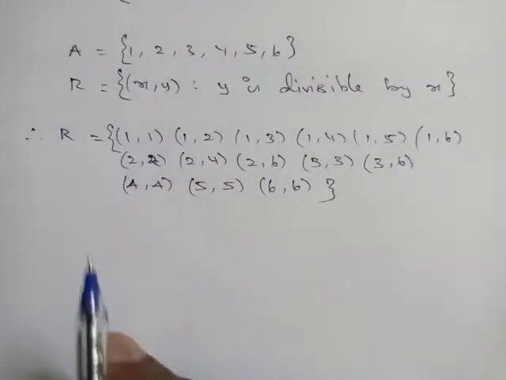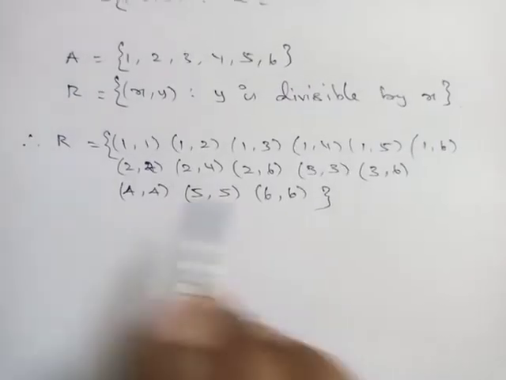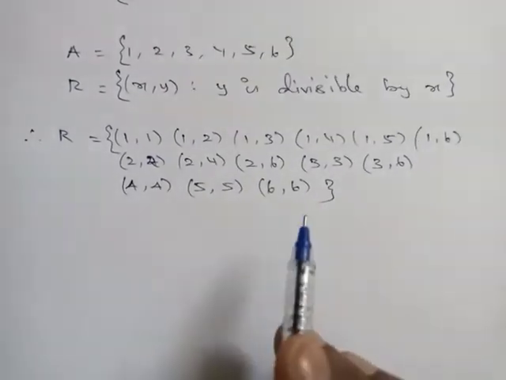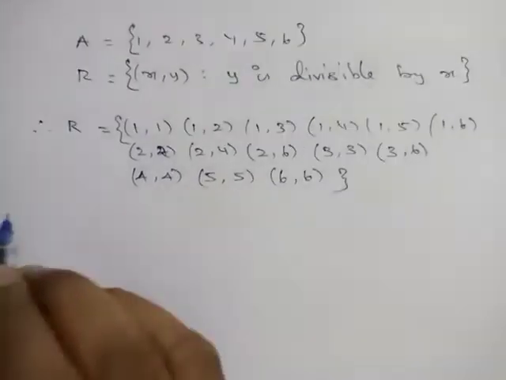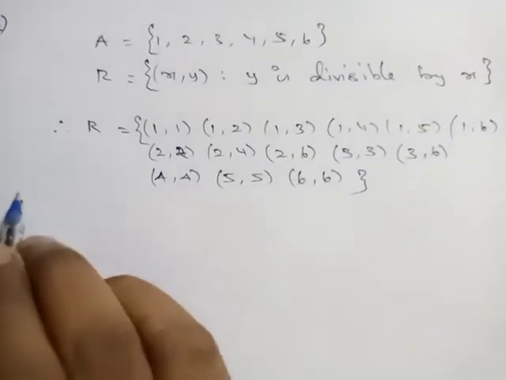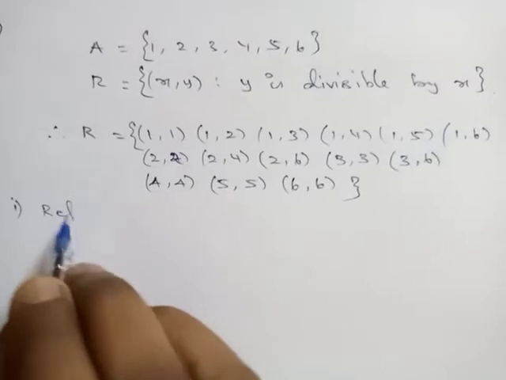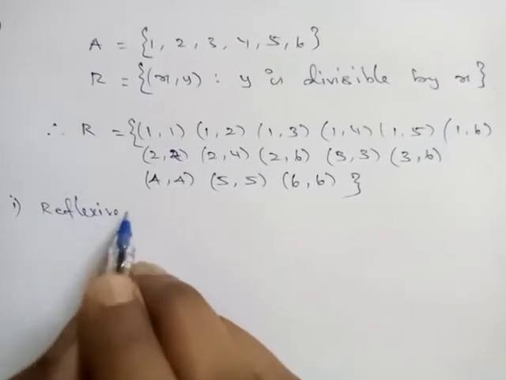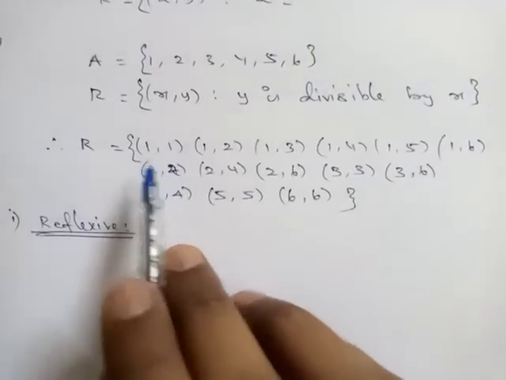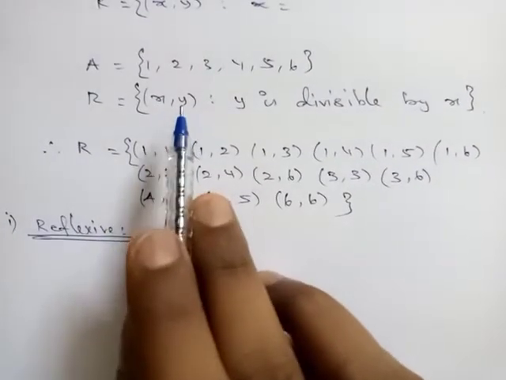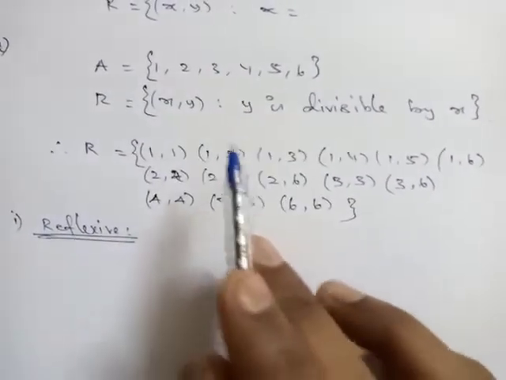Okay, now we have to say whether this relation R is transitive, symmetric and reflexive or not. First we have to check whether it is reflexive or not. What is meant by reflexive? Same element, x value and y value must be same, for all elements it should be there.